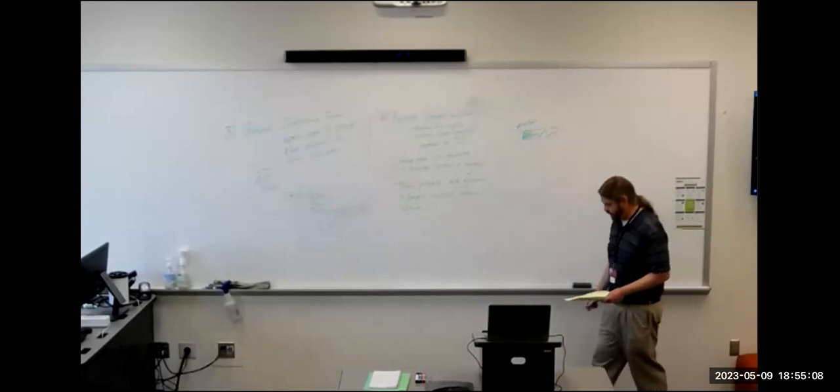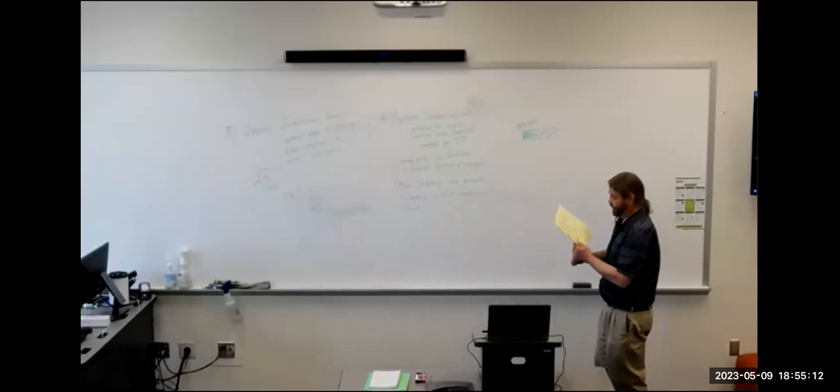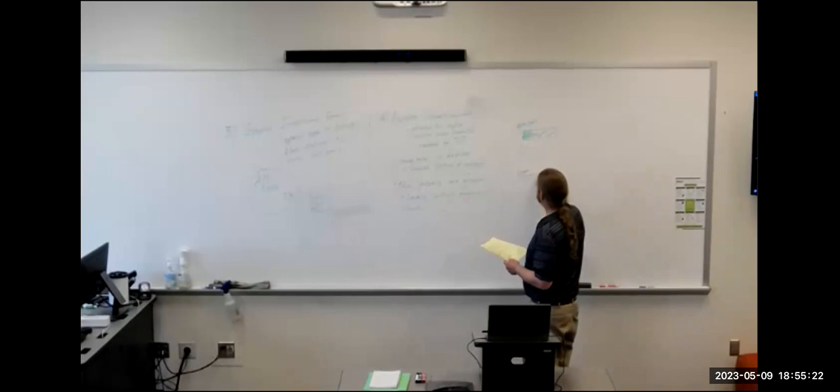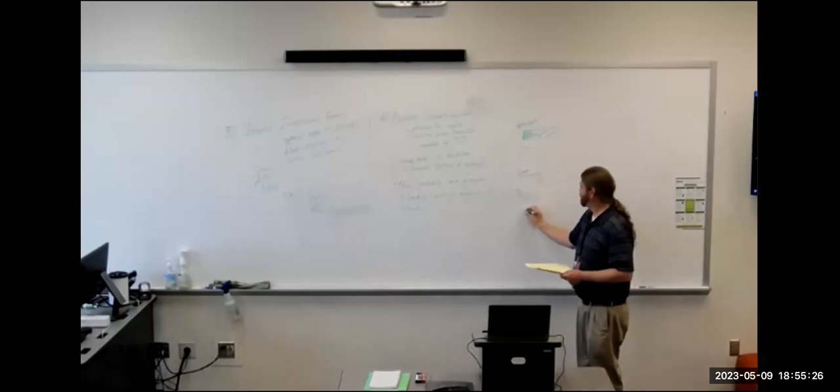So how light or dark is it? Then we'd have some red information, some green information, some blue information, and some position data.